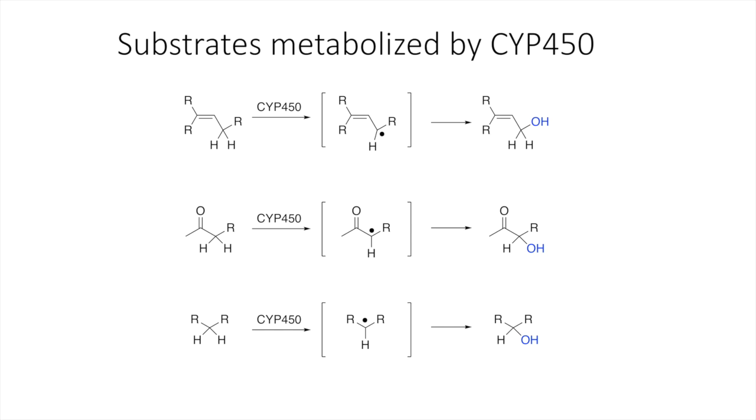Again, both of those radicals are stabilized by resonance. And even in the absence of resonance, we've seen radical species like cytochrome P450 able to abstract a proton from an alkane, even if we can get a secondary radical like that. So we can essentially abstract most carbon hydrogens to replace them with an oxygen.